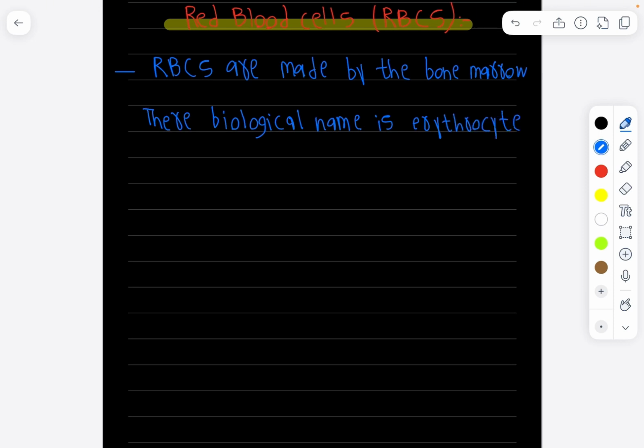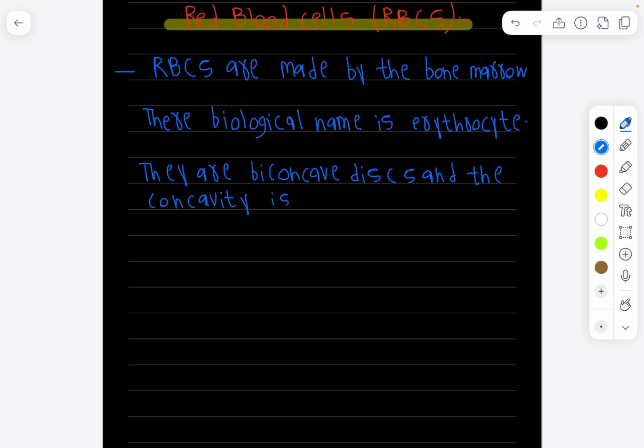Alright. They are biconcave discs and their concavity is due to the absence of a nucleus.